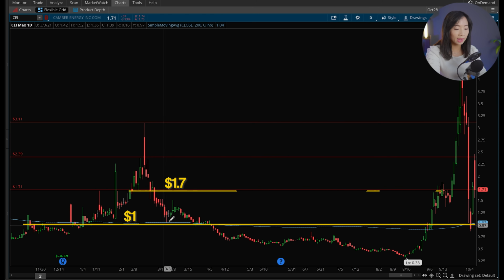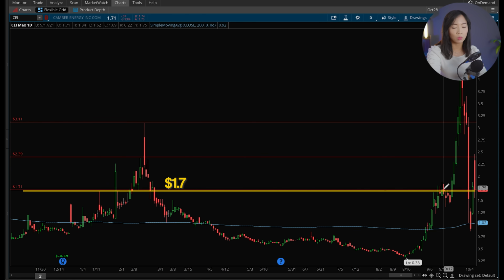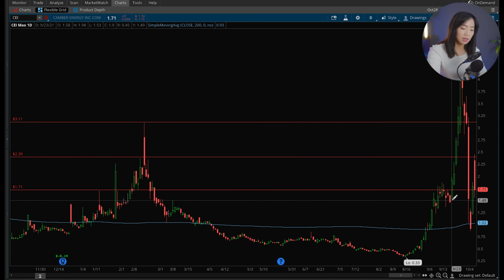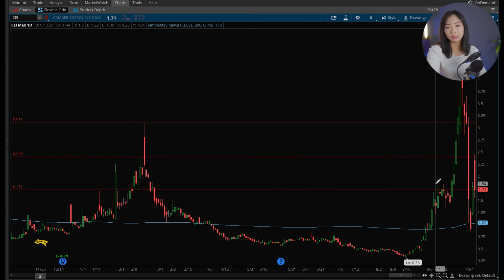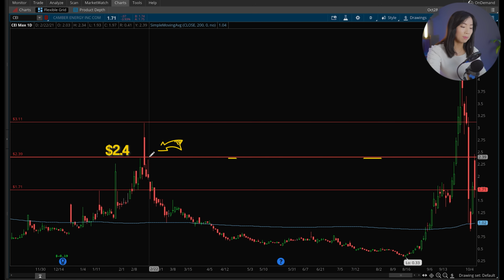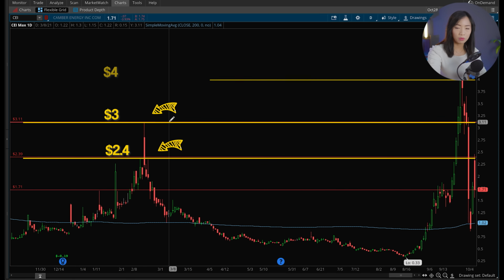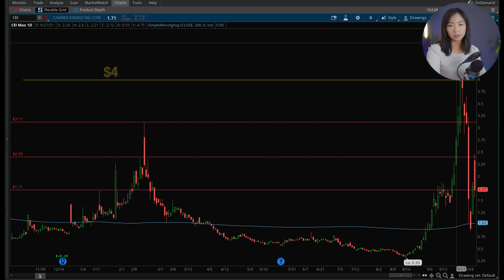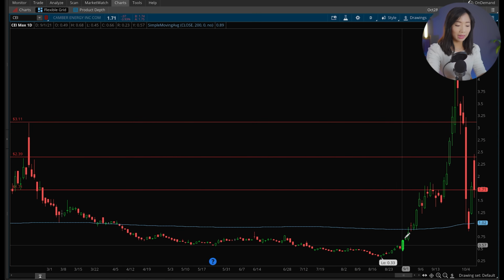People came in to buy and the stock went all the way to 170, the resistance we talked about earlier, and then pulled back, held a small higher low support 150, didn't quite pull back to $1 and broke out above that 170 resistance, and the stock just took off to the next resistance up around 240s, 310s, and later on to almost $4-5.